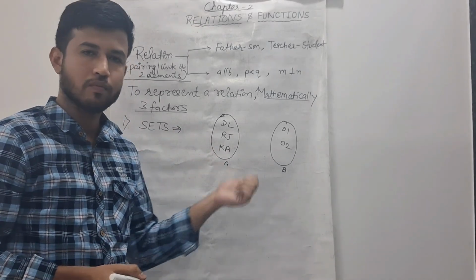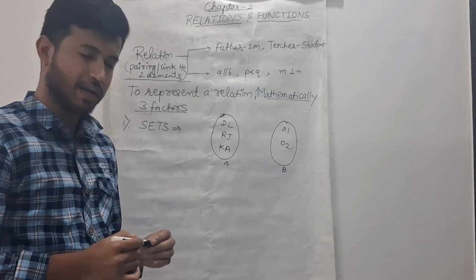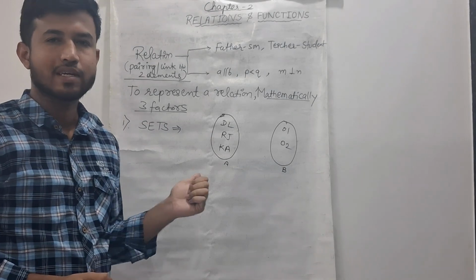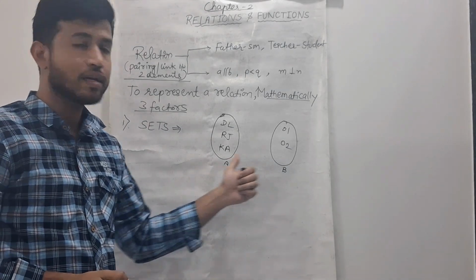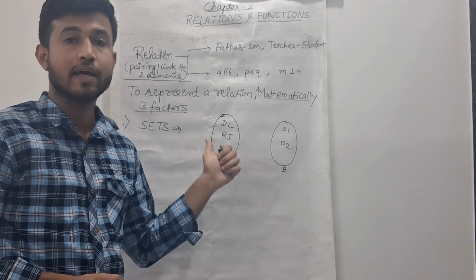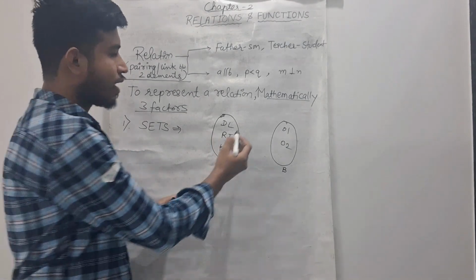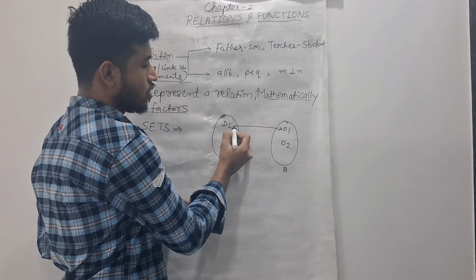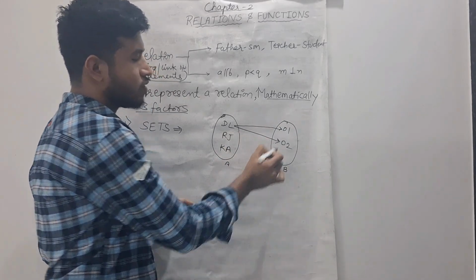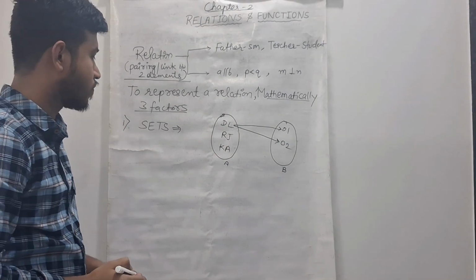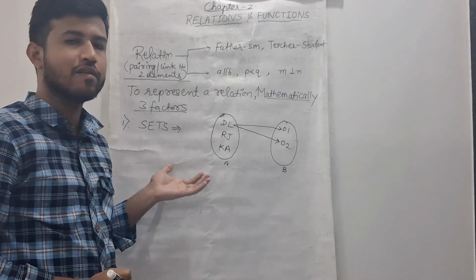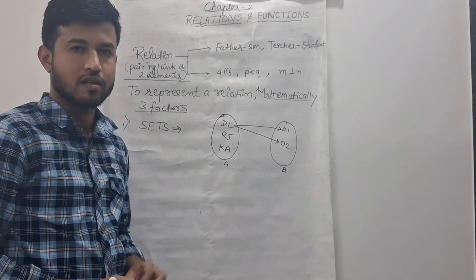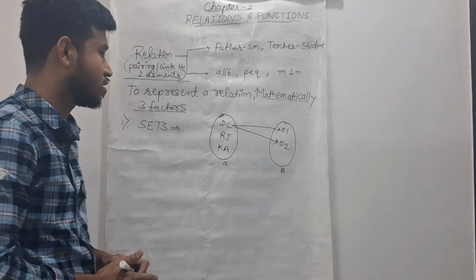These are examples from that number plate. So here you can see we need two sets to maintain a relation. This element has a relation with this, this element has a relation with this element. So initially we need sets to define a relation.